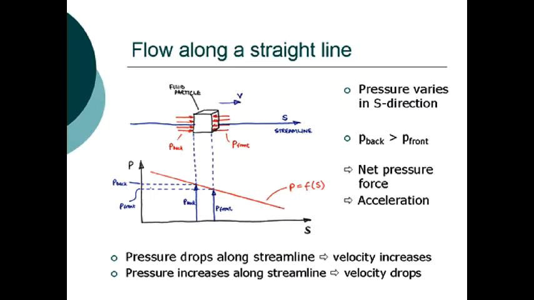And according to Newton, who I've kind of scrolled away, but there he is, F equals m times a. Because we now have a net force, we clearly must have an acceleration. And in which direction is the force? It's forwards. So the particle will accelerate. It will go faster. So we have pressure drops along the streamline. That's this example here.